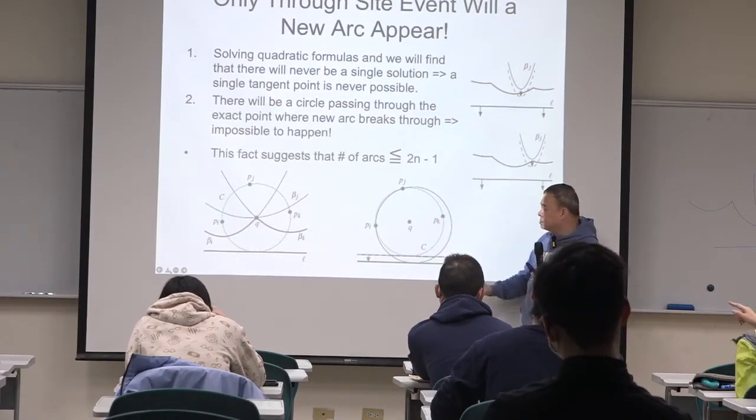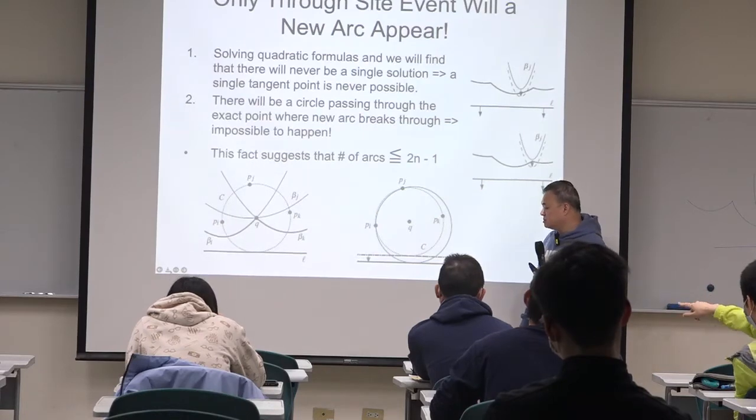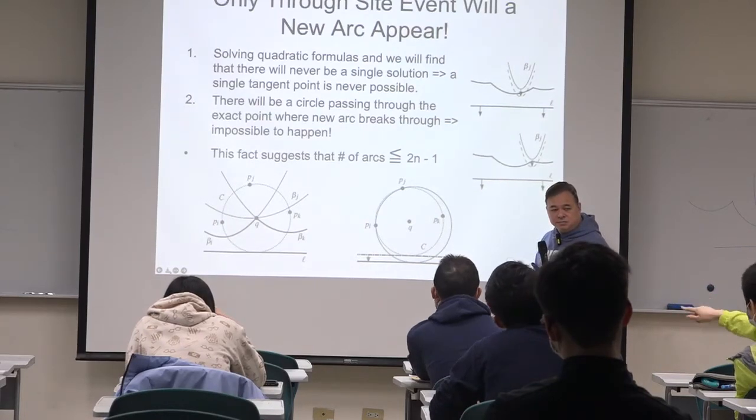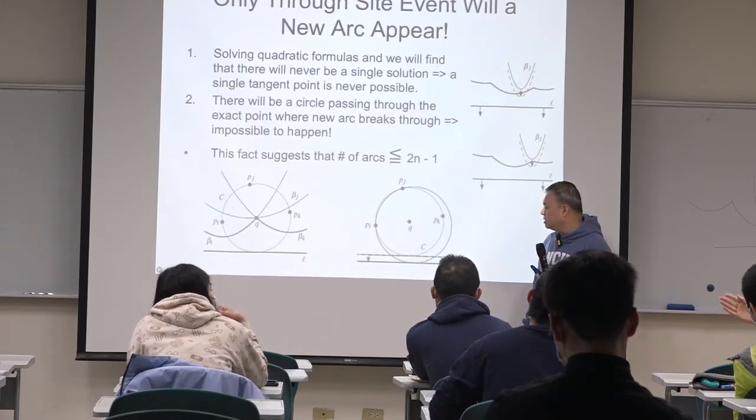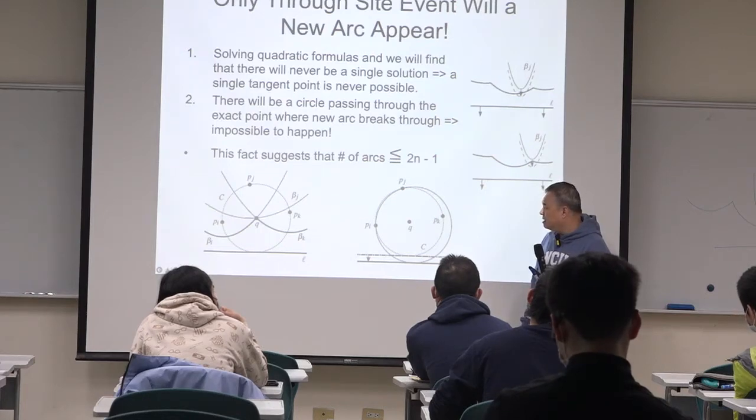You can draw a circle passing through PI and PK. And PK will be outside this circle, and the circle will intersect with the arrow twice. And that's what the inductive edge is. PI and PK.